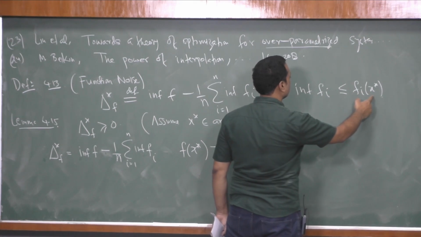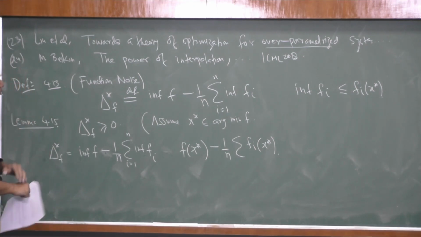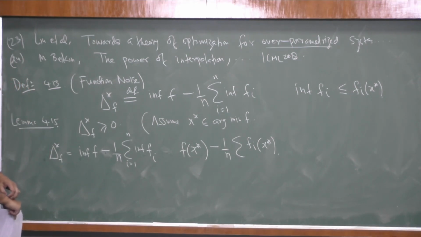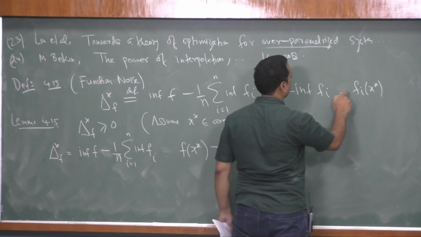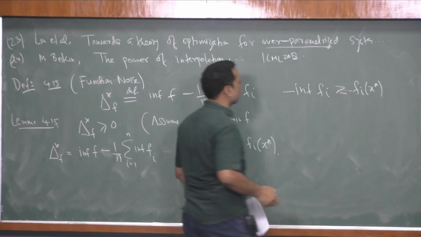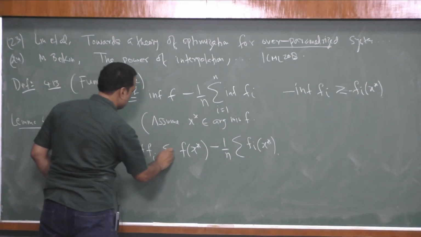Okay, so fi x star is greater than, and then if we take the negative of that, then it will be greater than or equal. Okay, so this is the inequality we are going to use. So this will be essentially greater than or equal.